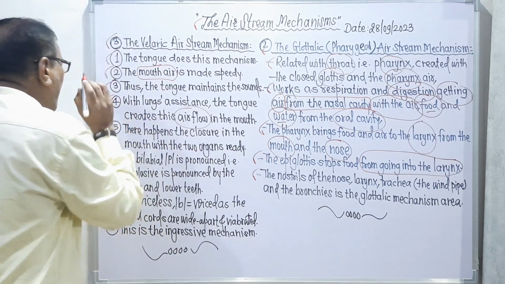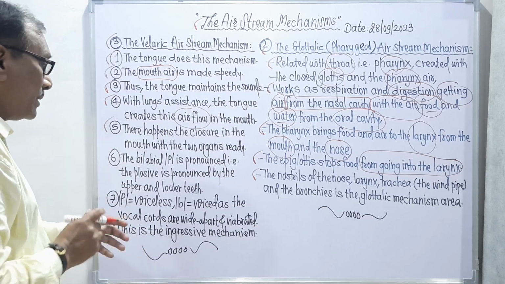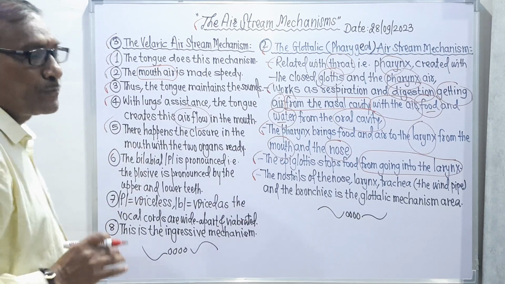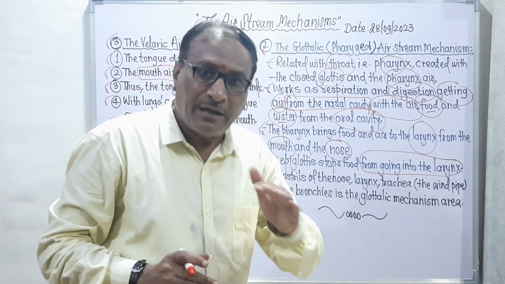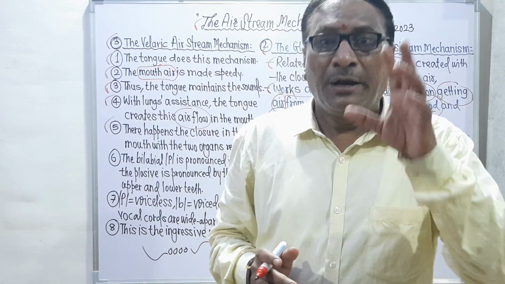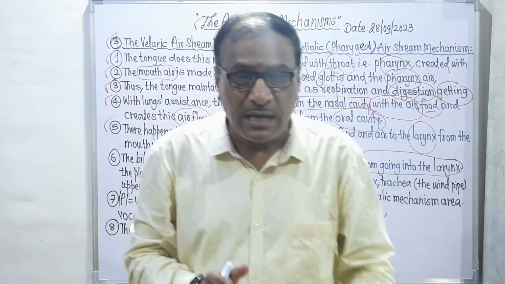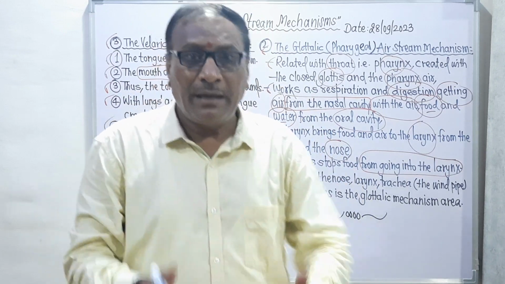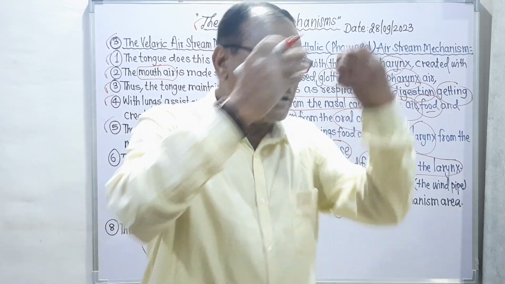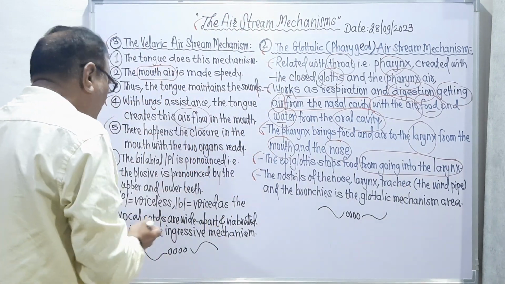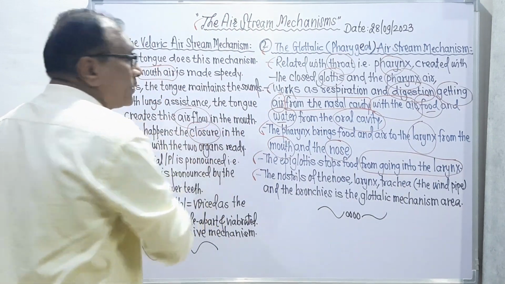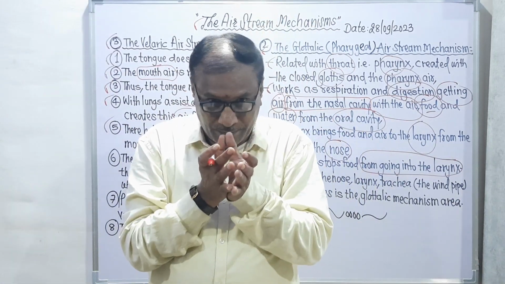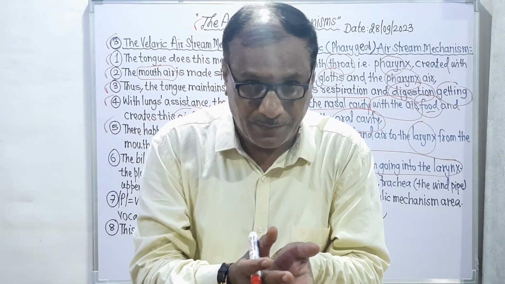Now the next point is, the closure happens in the mouth with two organs ready. Remember, in this way the next situation happens: there are two organs, and these two organs get up, meaning they start working, they become ready to work, and because of that the closure happens. Closure means the mouth is closed.